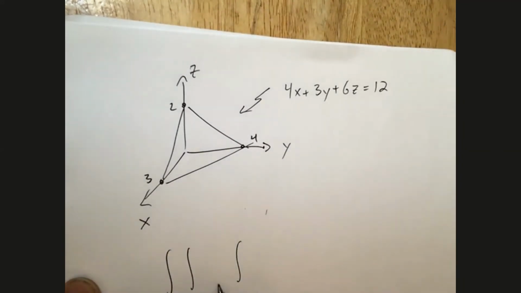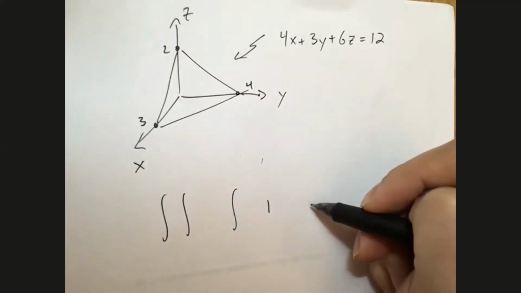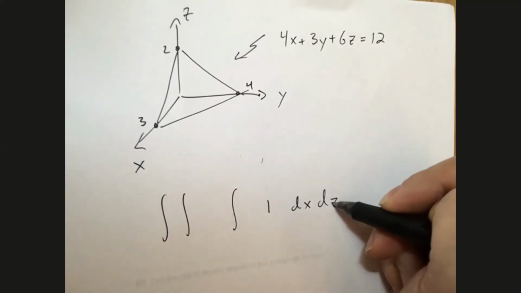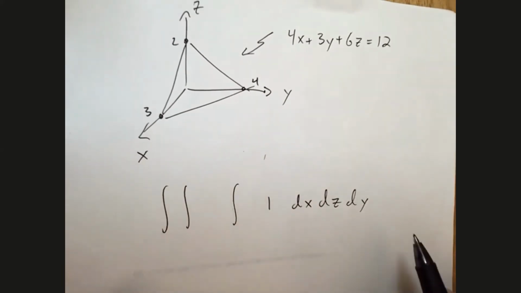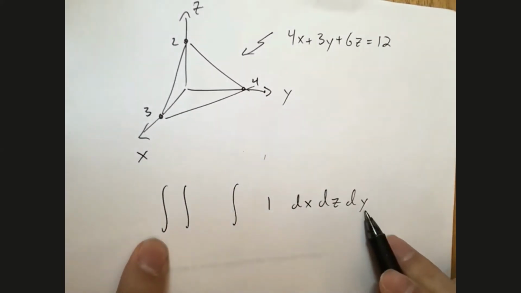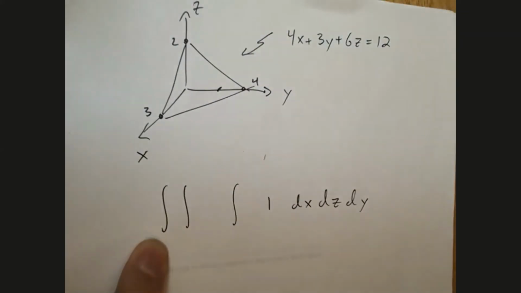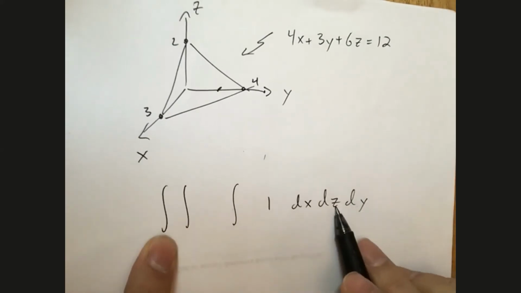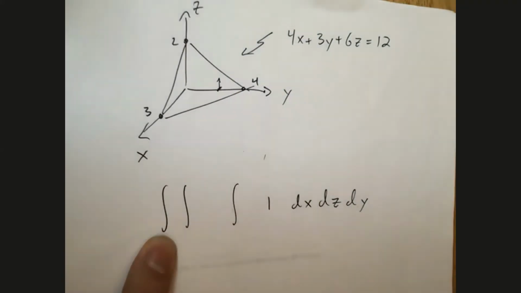Now I know I need to leave space here because I have to write those functions up here. So I'm going to do dx, dz, dy. Here I'm starting with my y. So start with a y, and then ask yourself, what am I doing next? I'm going z. So I'm going up in the z direction.